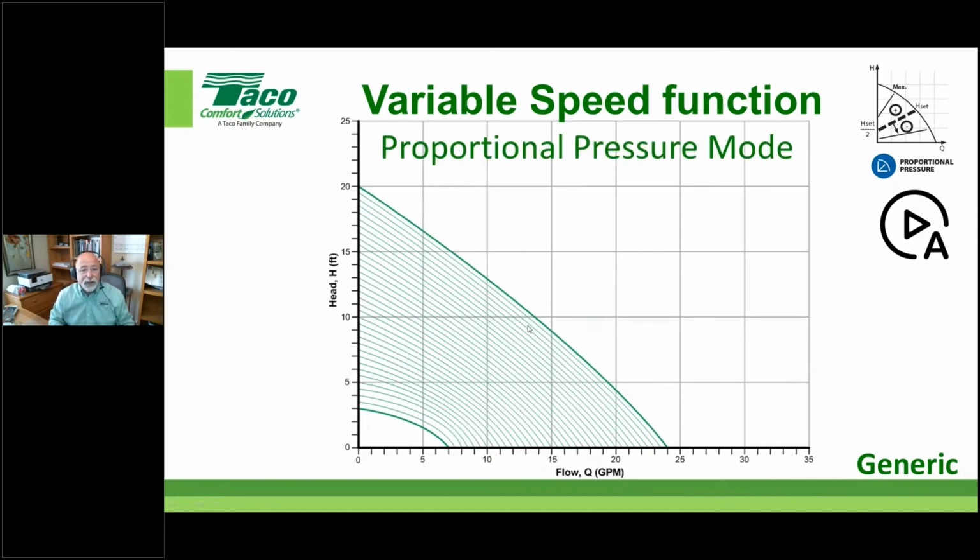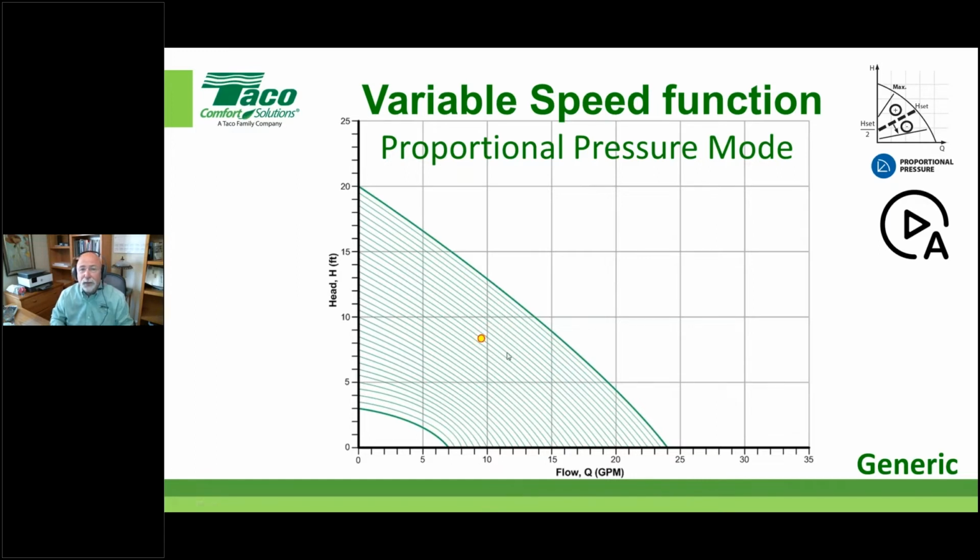So again, starting at the same point, let's say all the zone valves or thermostatic radiator valves or whatever's in the system that would create those hydraulic changes within the system are open, and we've got a design day and everything's wide open. And as things start to change here, notice this thing does the same little hop. It says, whoa, and it comes back up, but now it drops down. And again, like constant pressure, it's moving from the right to the left.